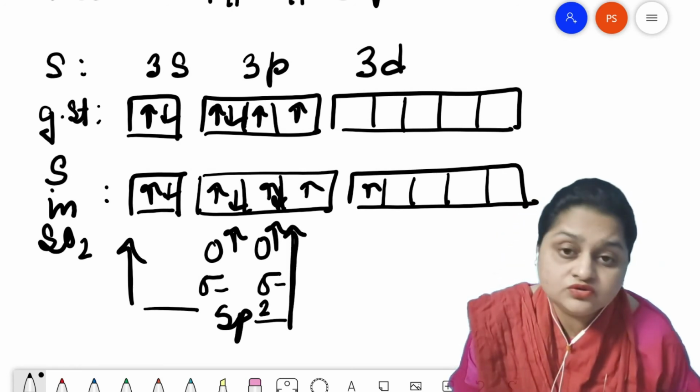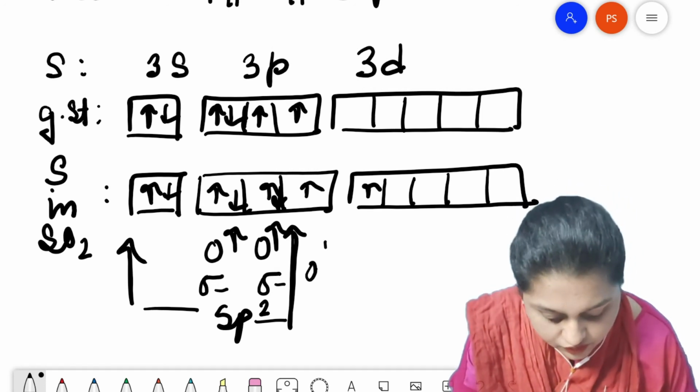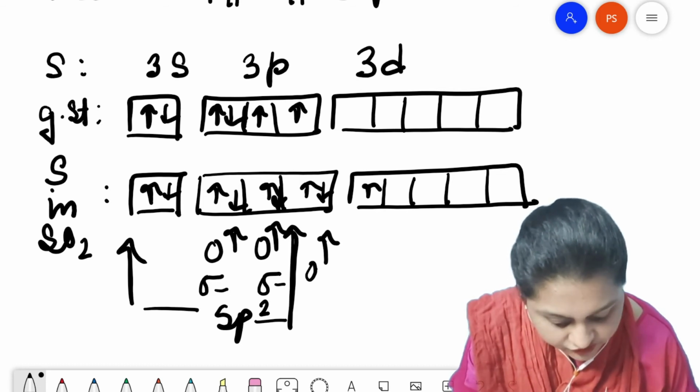The remaining 2 electrons, one in the 3p and one in the 3d, will be used for the formation of pi bonds.